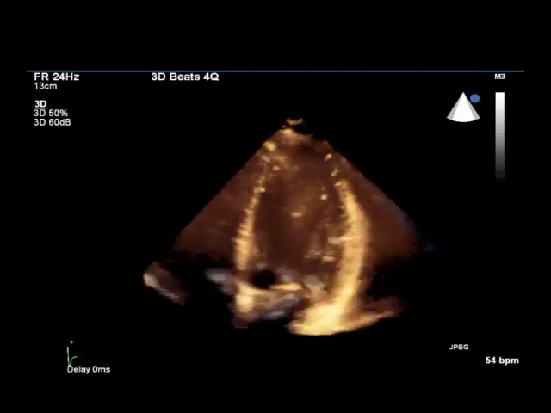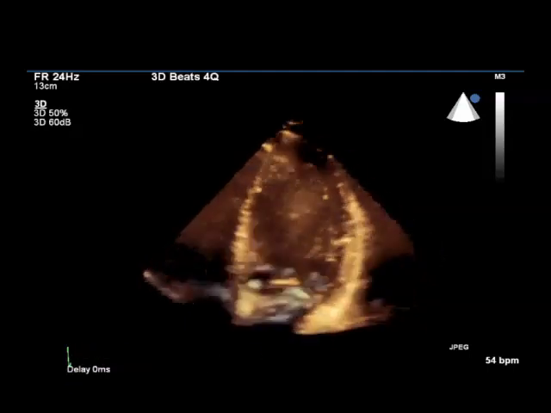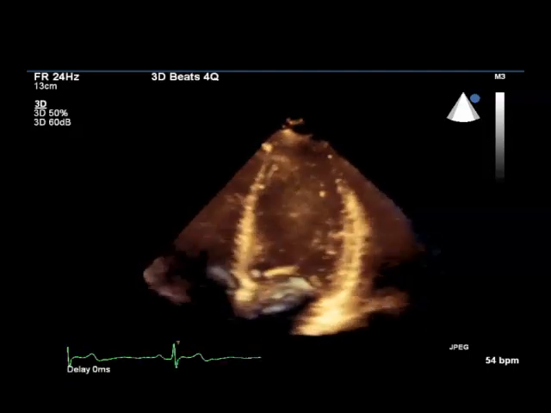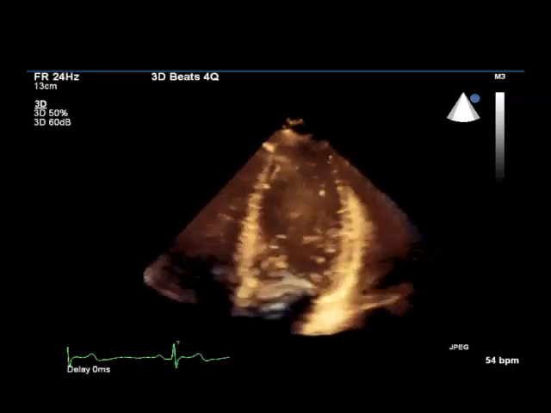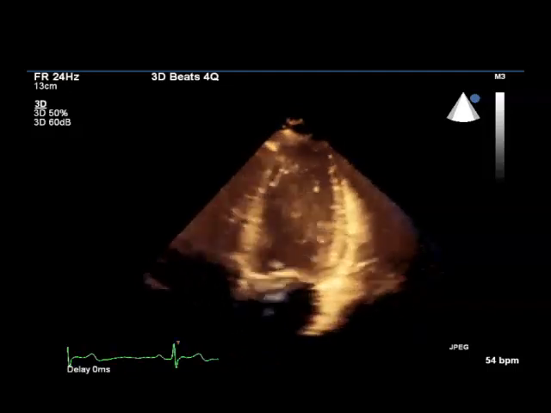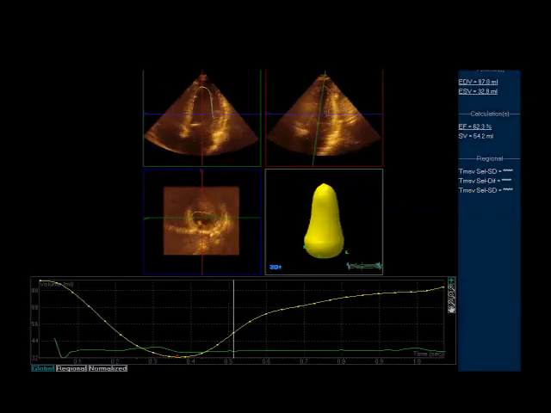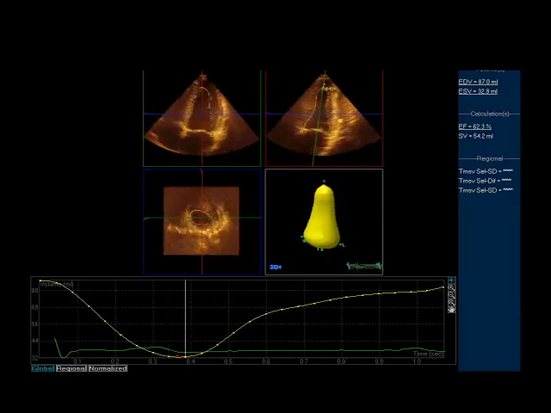Three-dimensional or 3D imaging also can be used for measurement of ejection fraction. A 3D volumetric image of the left ventricle is obtained. Three orthogonal image planes are defined and anatomic landmarks are identified.